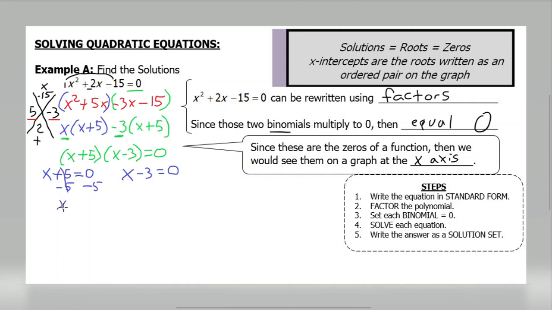And that would leave me with x equals 0 minus 5, which is negative 5. And on this side, I would do plus 3 to get x by itself, right? Cross that off over there. 0 plus 3 is 3. So the answers to this quadratic, or the roots, or the solutions, or the zeros, is x can either equal negative 5 or x can equal 3.